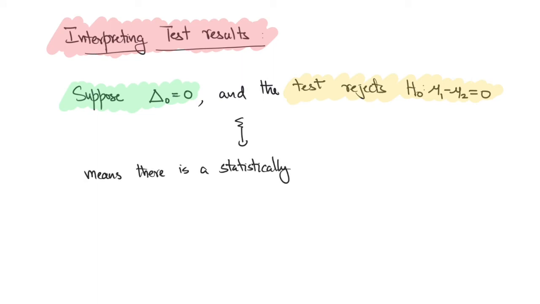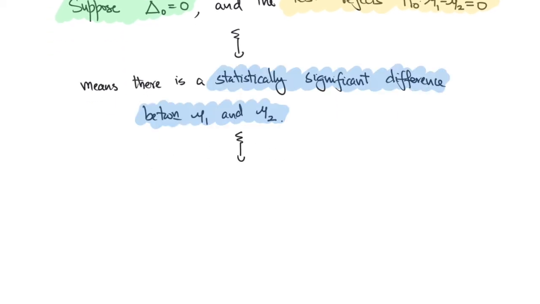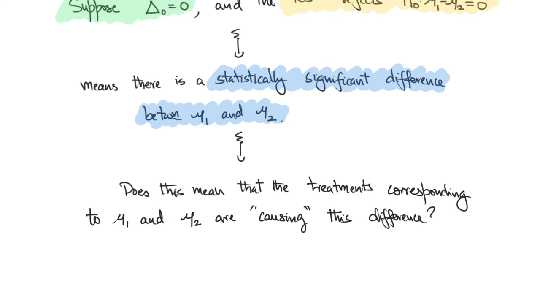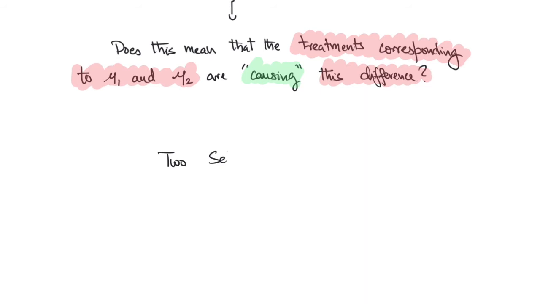What this means is that there is a statistically significant difference between the means mu1 and mu2, or there is a statistically significant difference between the two treatments, treatment 1 and treatment 2, that give us means mu1 and mu2. The question of interest is, does that mean that the treatments corresponding to mu1 and mu2 are causing this difference that has been observed statistically?